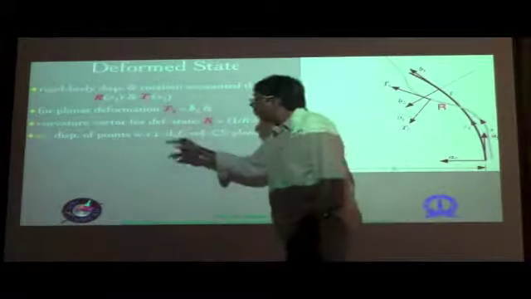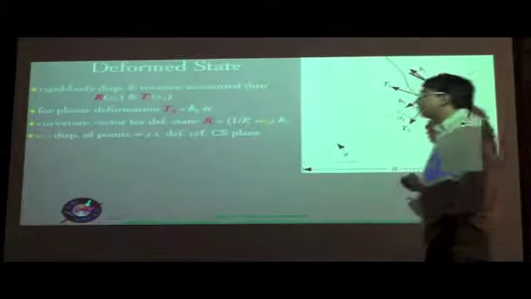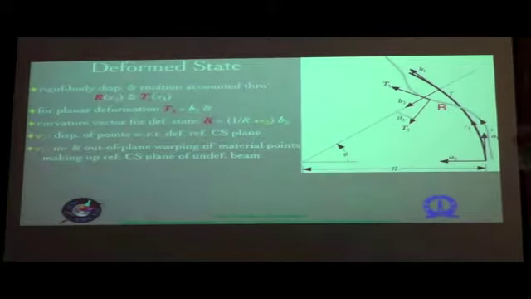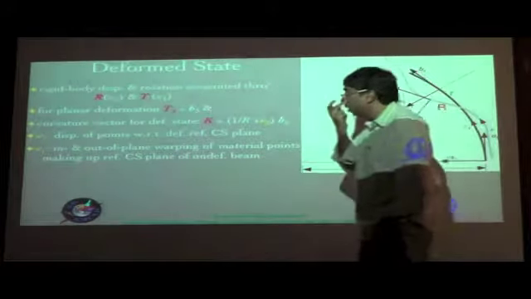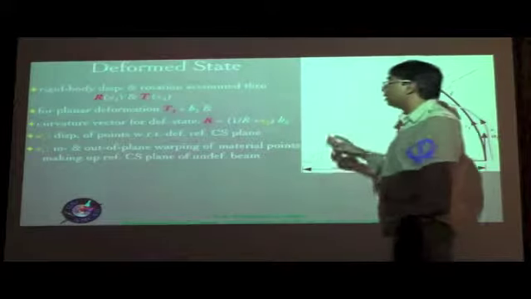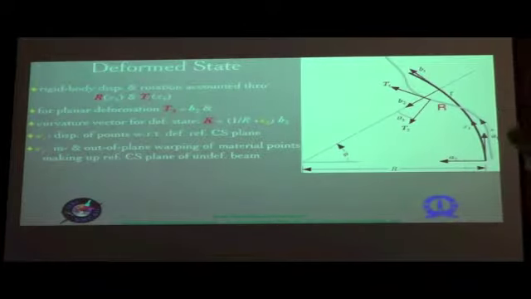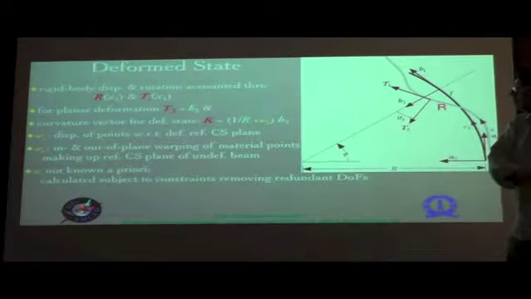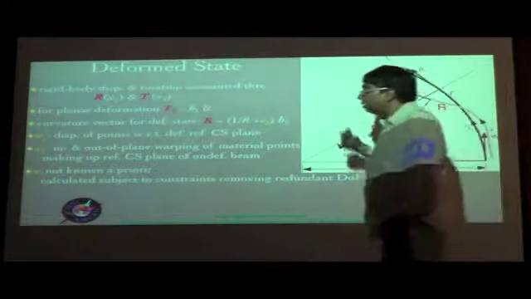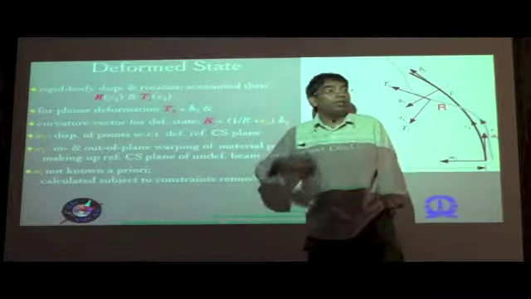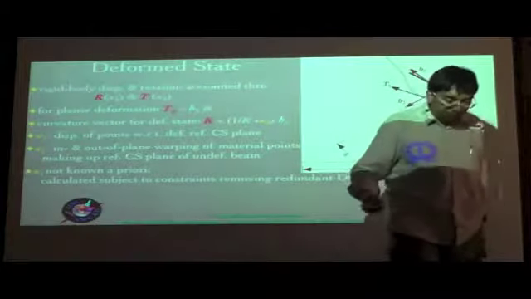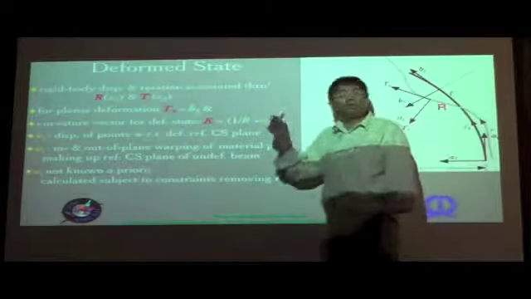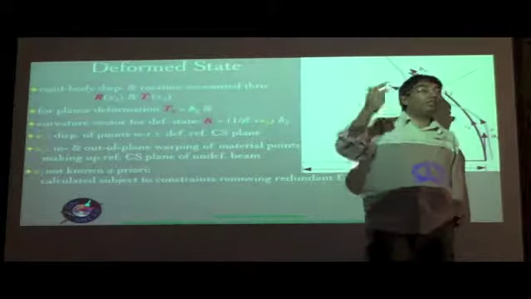Continuing with the example, Wi are the displacements of points with respect to the deformed reference cross-sectional plane, what we call warping of course. So they include W1, which is the out of plane warping, and W2 and W3, which are the in-plane warping of the material points which make up the reference cross-sectional plane of the undeformed beam. Now Wi is of course not known a priori, in fact that is the main unknown that we are trying to determine, whereas gamma 11 bar and kappa 3 bar, which are the other two unknowns here, are functions only of x1.